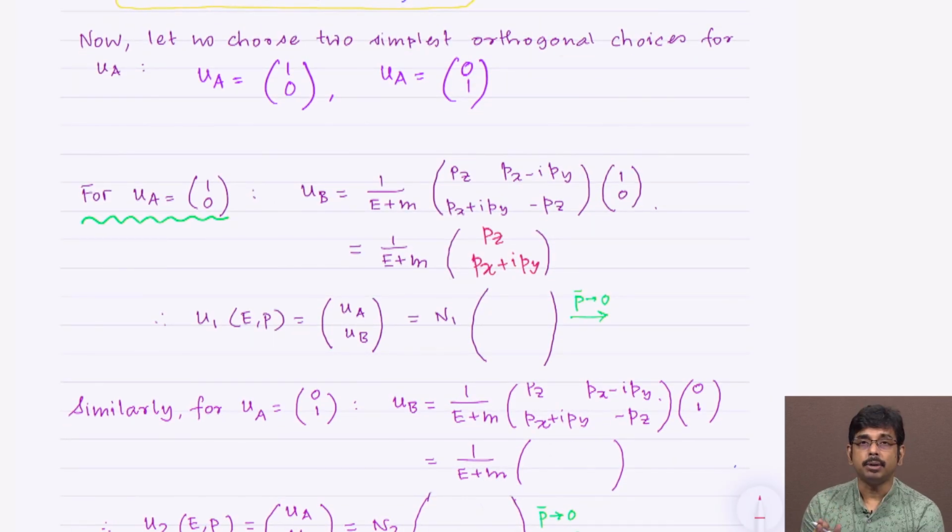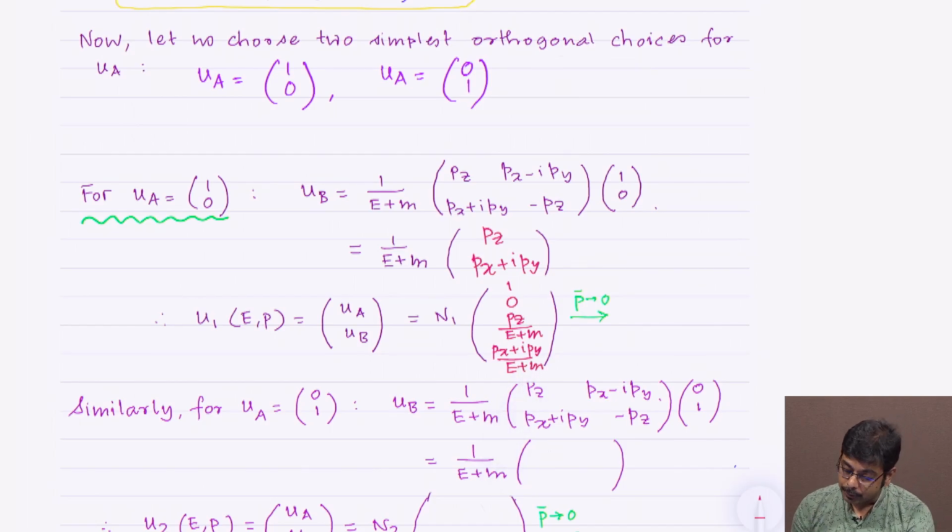So, we are now in a position to write the full Dirac spinor, right. Let us call that u1(E,p), and that will be uA, uB arranged in the vertical column, and uA is what? uA we have chosen to be (1, 0), and what was uB? uB is pz by (E plus m), and the last component is (px plus i py) by (E plus m).